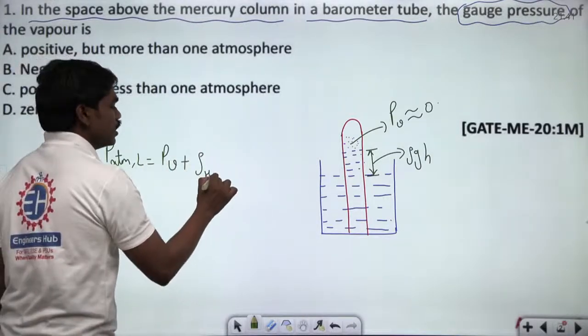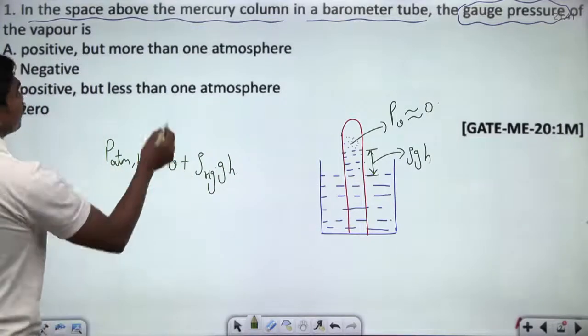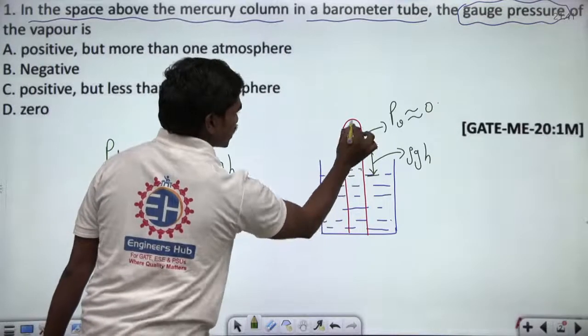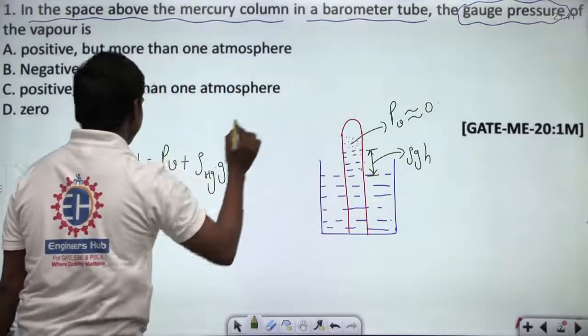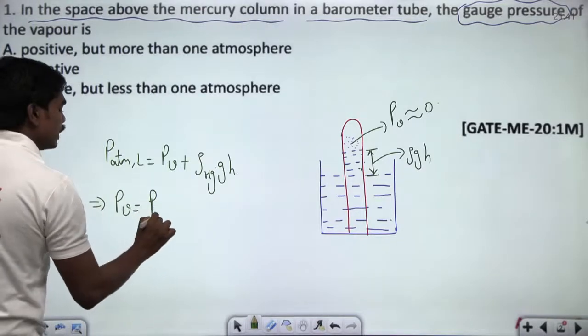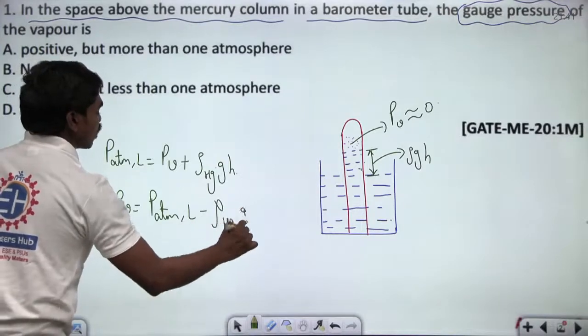So P_v, the pressure in the space above the mercury column in the barometer, is equal to P atm local minus rho mercury g h, correct? This is what we have.